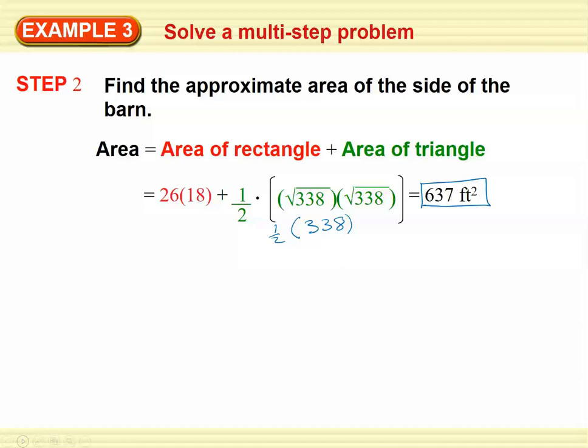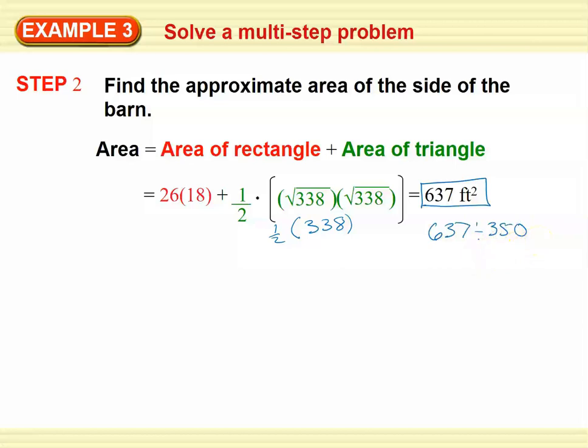We know that 350 square feet is going to be covered by 1 can. So the simplest thing you can do is just take 637 divided by 350, and that will tell you the number of cans you will need.